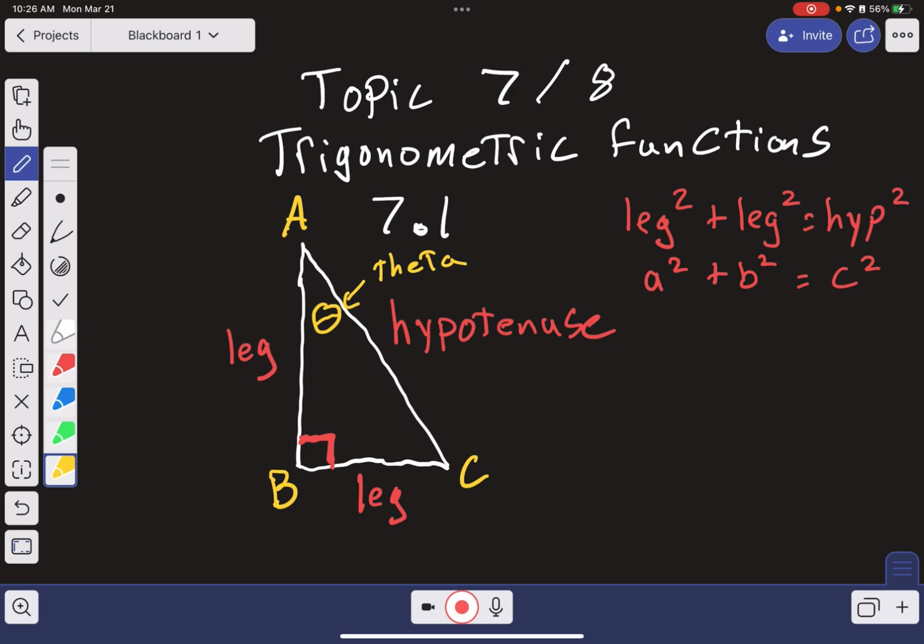So let's say that we're looking at theta, and we're going to use that as our reference angle. We can identify the sides given theta. We know that this side right here is the hypotenuse. This leg over here can also be called the adjacent side.